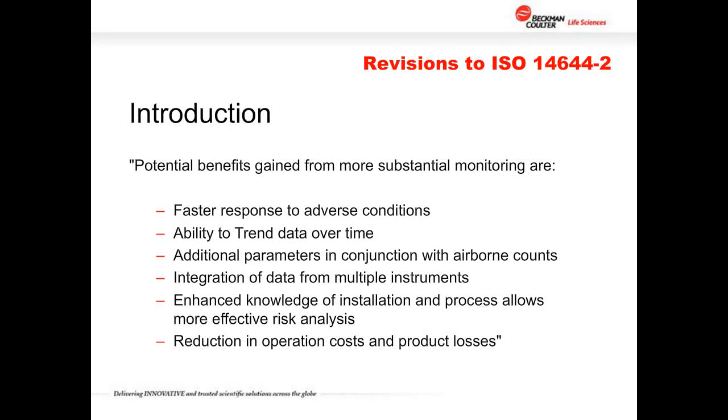So basically, when we do monitoring, and the more monitoring we do, the more substantial it is, the better we can understand that the area is within our boundaries. And in many cases now we talk about risk analysis.